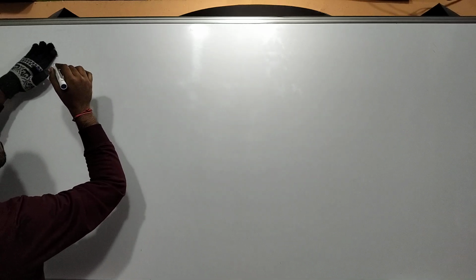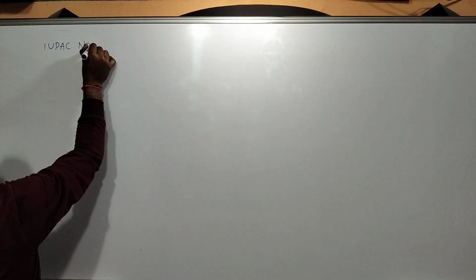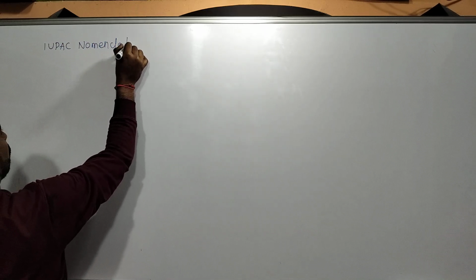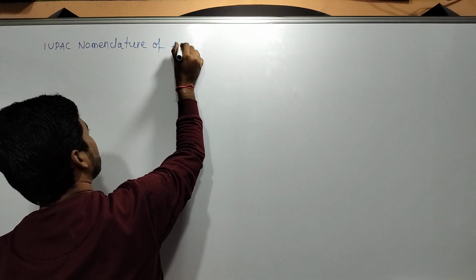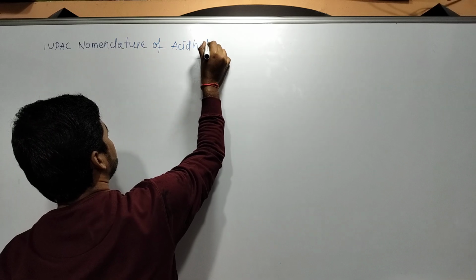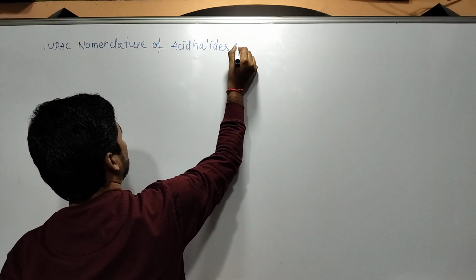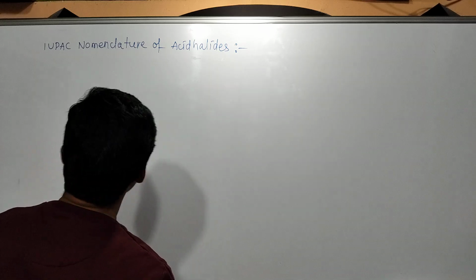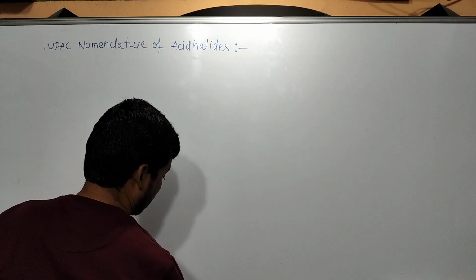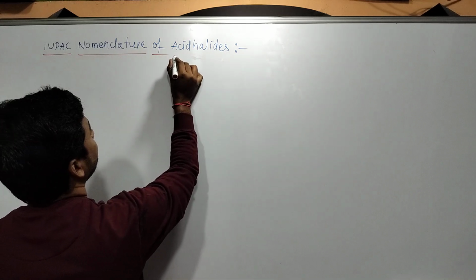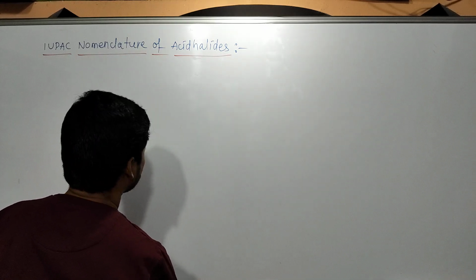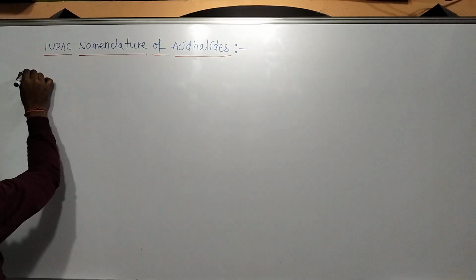IUPAC of acid halides. The previous one is IUPAC of carboxylic acid, and this is IUPAC of acid halides. So, what are acid halides?